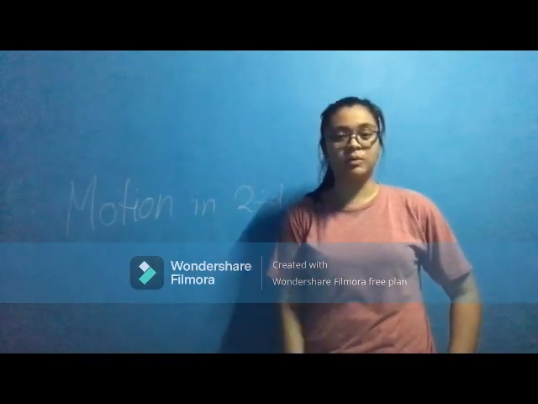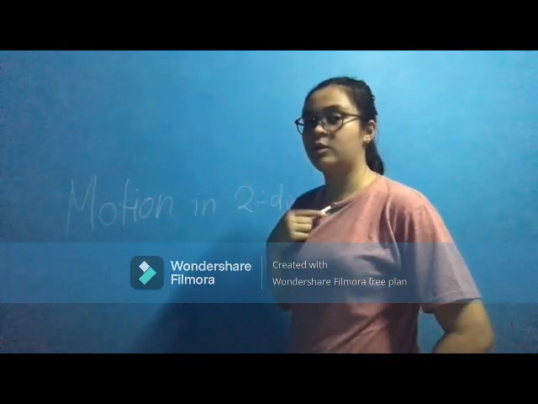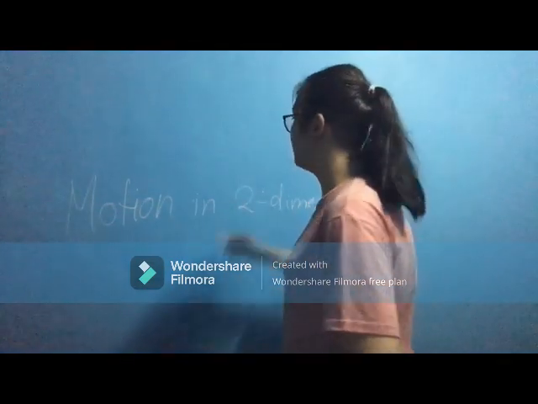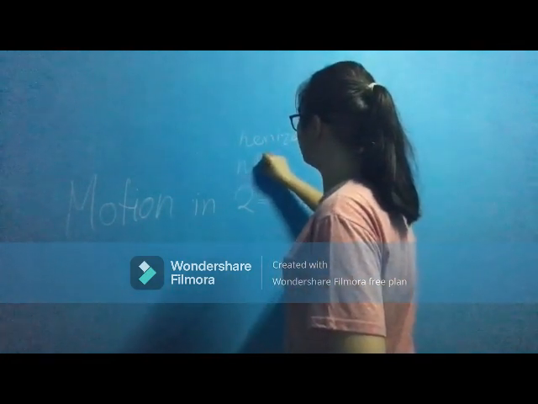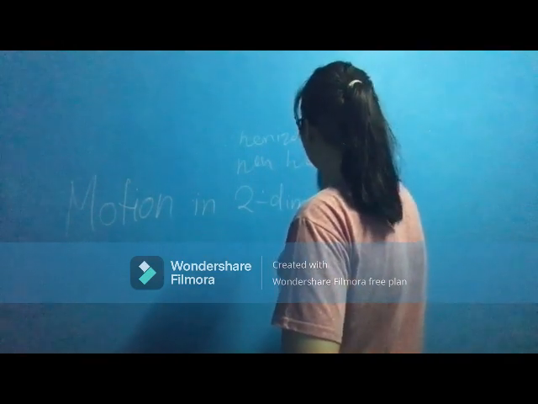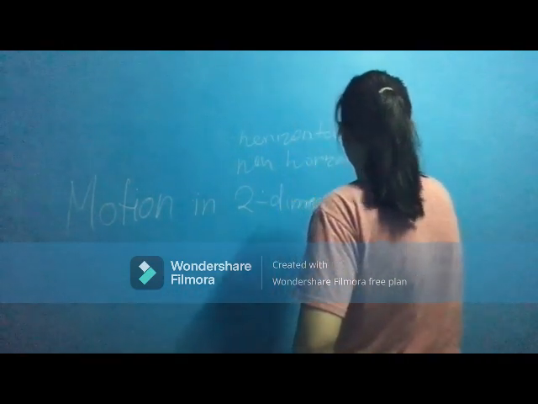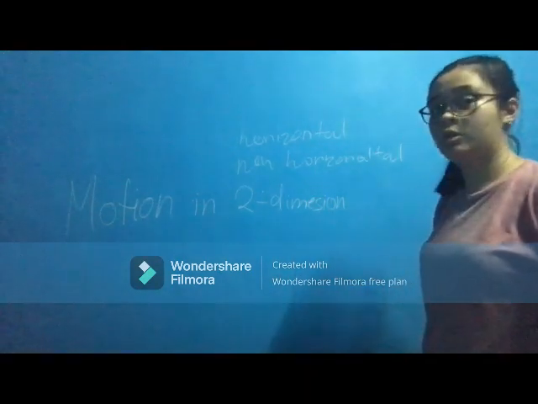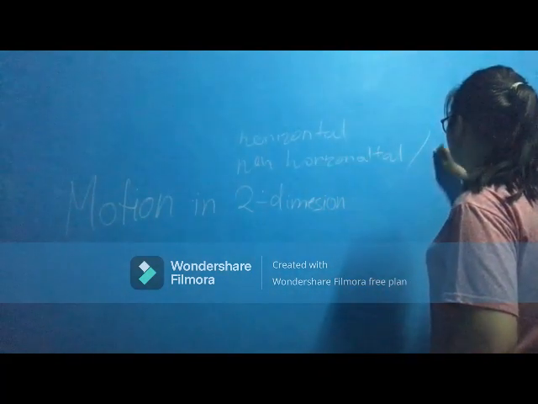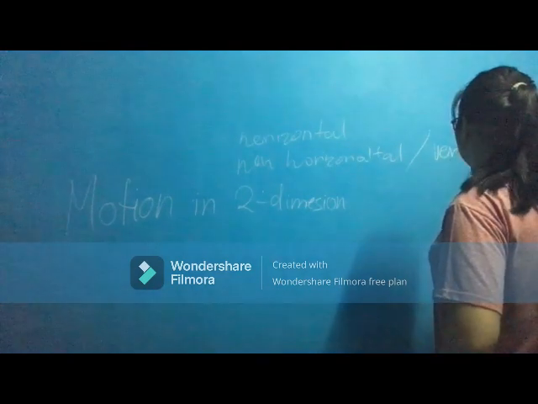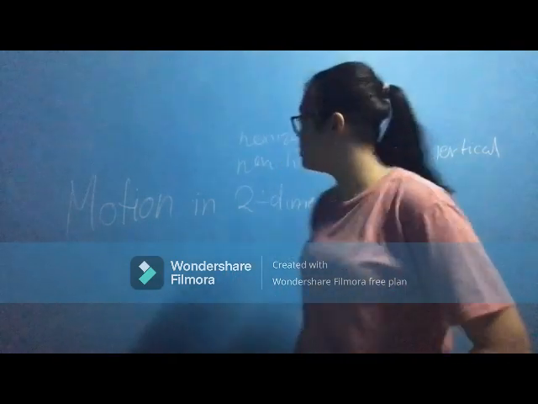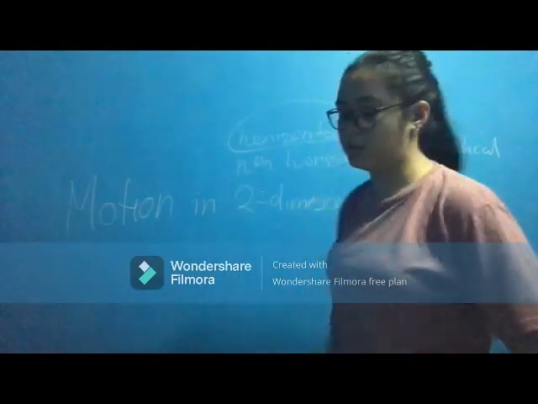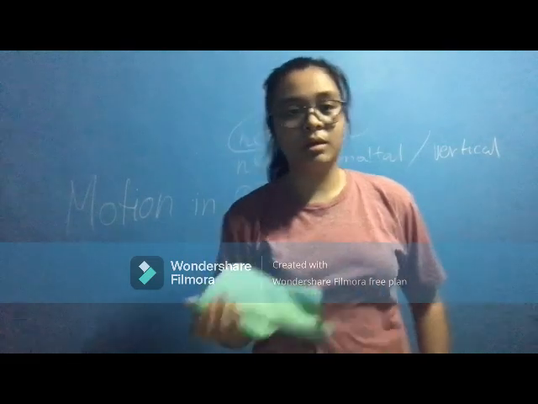However, there are 2 types of projectiles, namely what I mentioned earlier, the horizontally launched projectile, and the non-horizontal launch, or in other terms, it is vertical. But for this video and problem demonstration, we'll be focusing on the horizontal launch projectile. Let's demonstrate.